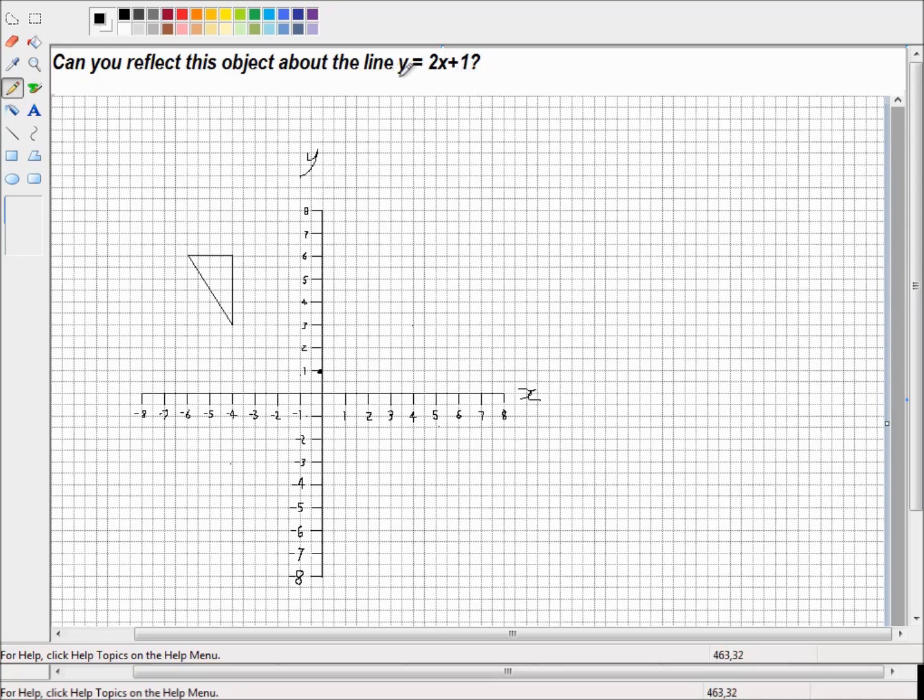So negative 1 equals 2x. So negative 1 over 2 equals x. So when x is negative a half, y will be 0. So that's here.